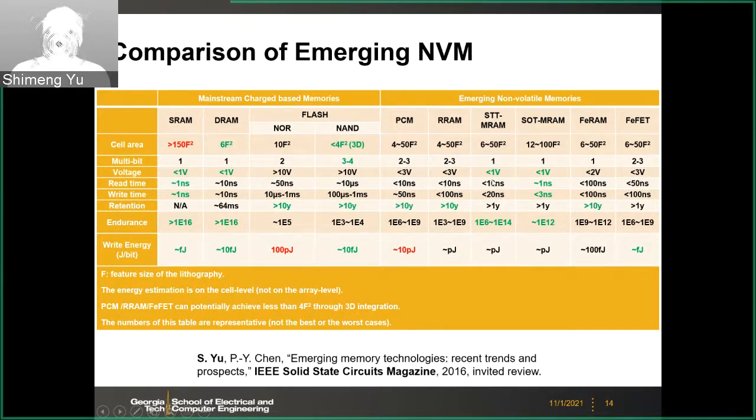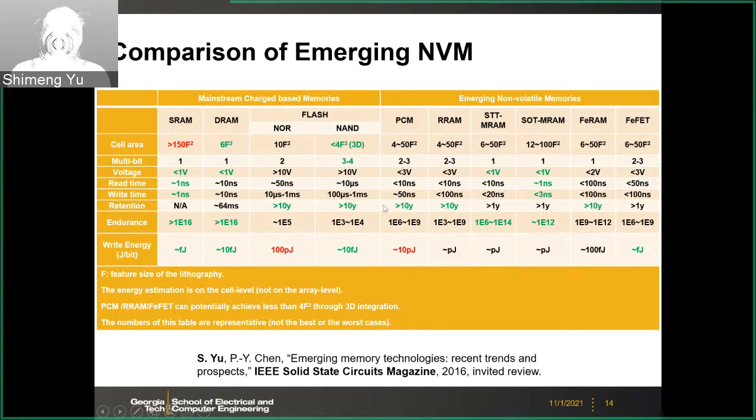Others are like DRAM-like speed or NOR flash-like speed. Of course, much faster than the NAND. NAND is slow. We discussed why. And the write time is typically tens of nanoseconds, up to like 100 nanoseconds. And SOT is also faster. So in general, if you want high speed, then SOT may be a good candidate.